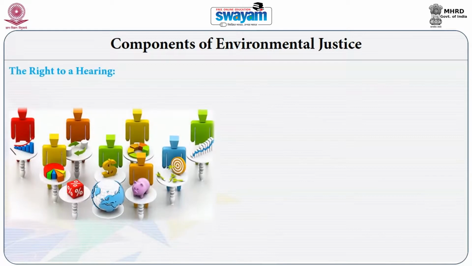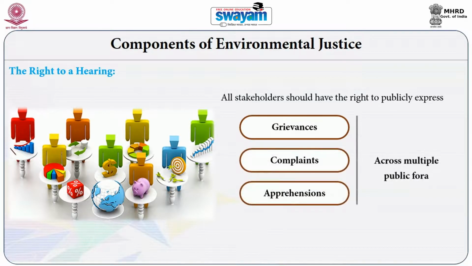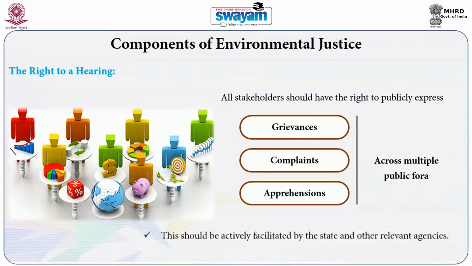The second is the right to a hearing. All stakeholders should have the right to publicly express grievances, complaints, and apprehensions across multiple public fora. This should be actively facilitated by the state and other relevant agencies. Through the entire project and its aftermath, opportunities have to be provided, hearings have to be provided, fora have to be provided for people, particularly those affected, the local community, to come forward and openly express the different ways in which they have been affected.